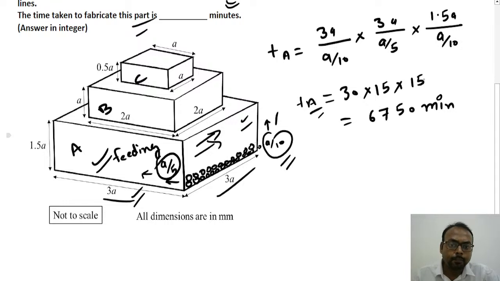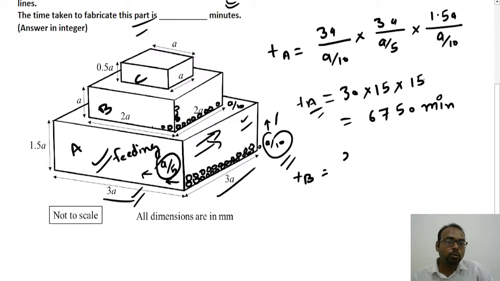So here you can see that again this is how we will move, and we will cover a by 10 distance, and here we will cover a by 5. So we will follow the same procedure to find all the values. So TB will be equal to what?